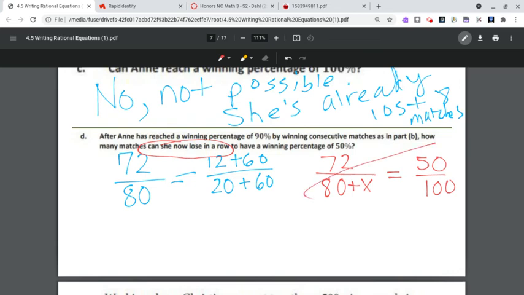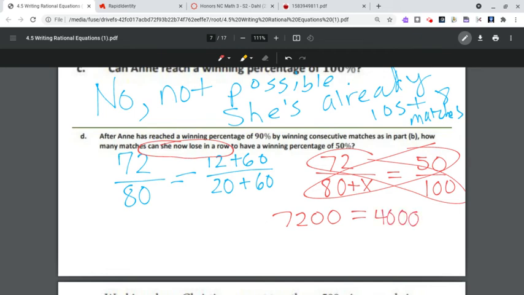Okay, we cross multiply, we've created a proportion. 7,200 equals 4,000 (80 times 50) plus 50x. Okay, I just distributed in. Subtract 4,000 from both sides, and you get 3,200 equals 50x.